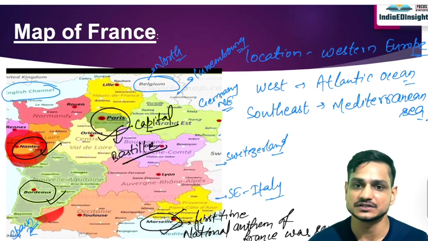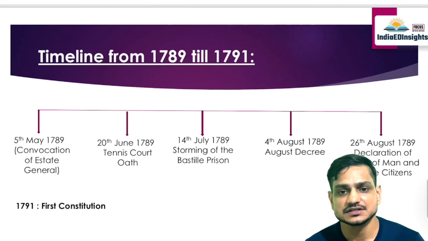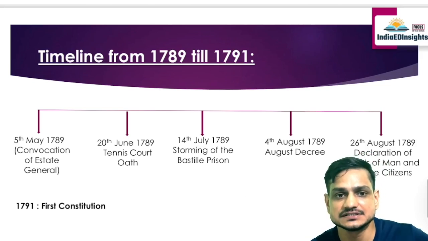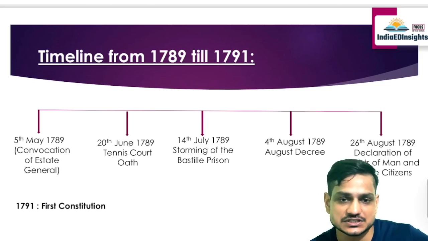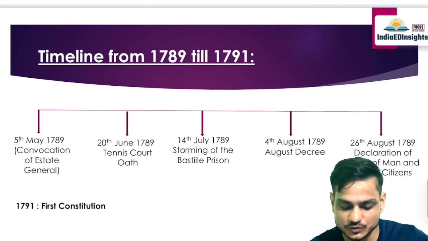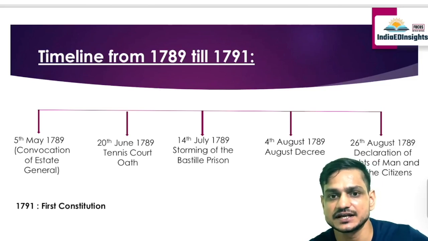Now we will move further with the events. We already discussed that on 5th May 1789 the king convened the States General. This is the timeline from 1789 till 1791 with dates.